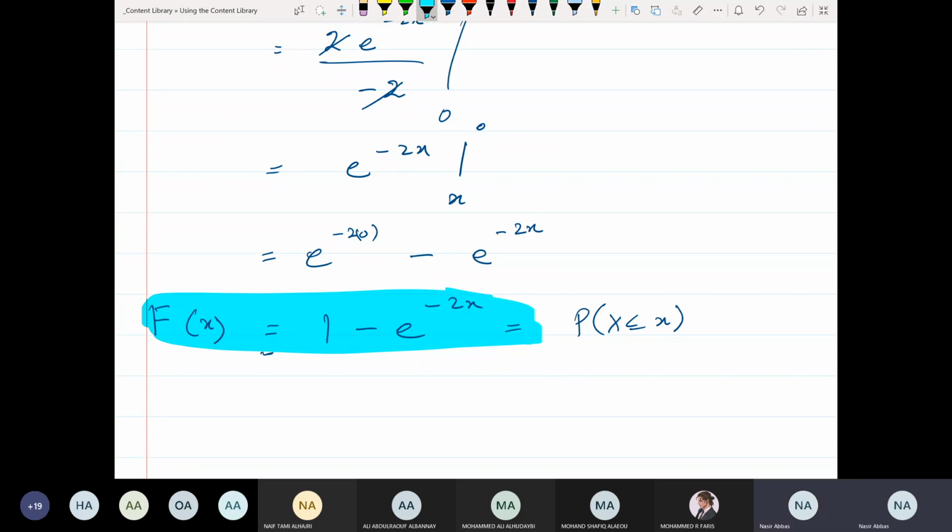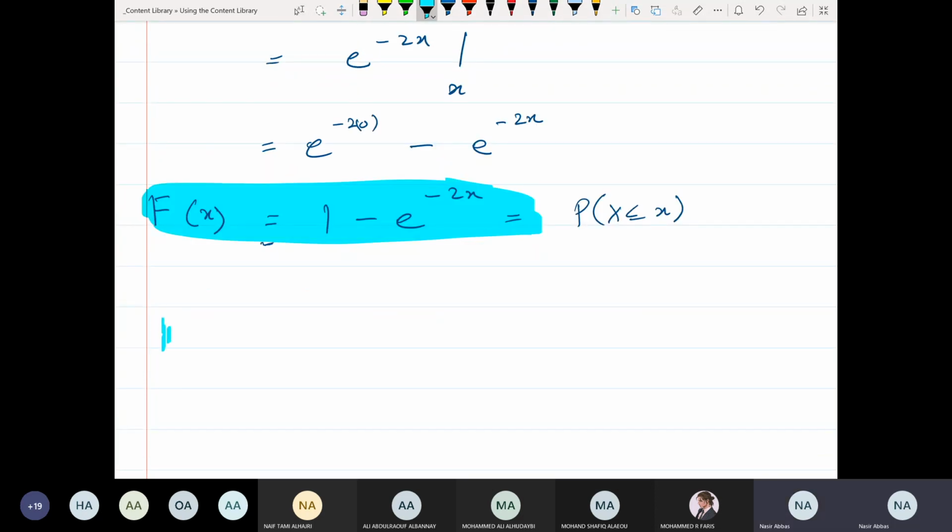So what if I ask you to find the probability of x equals 7? Who can answer? Zero. What if I ask you to find the probability x less than or equal to 7?